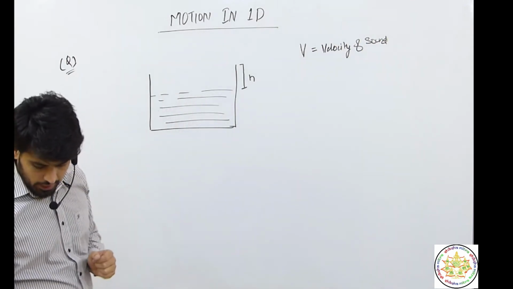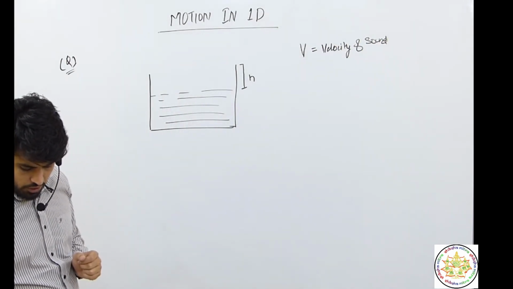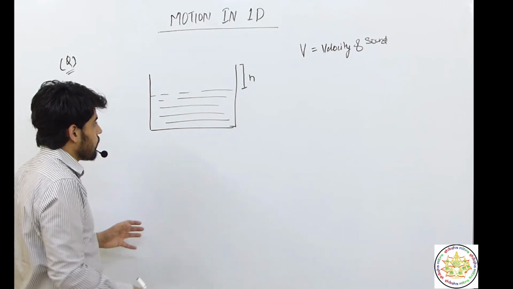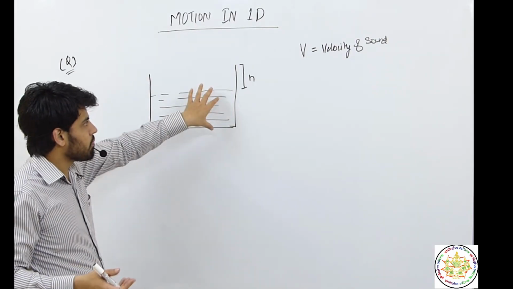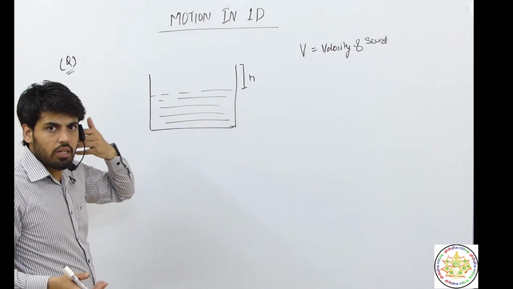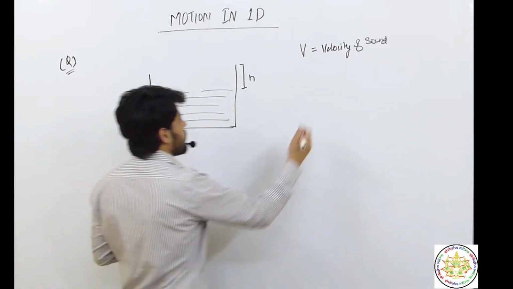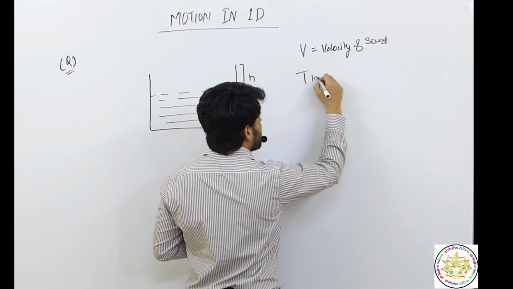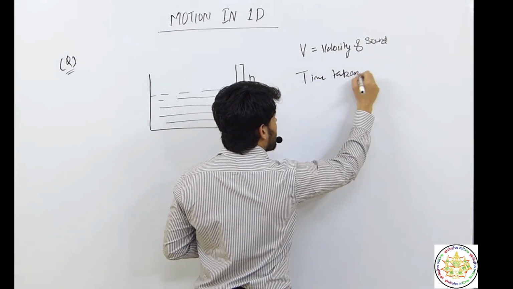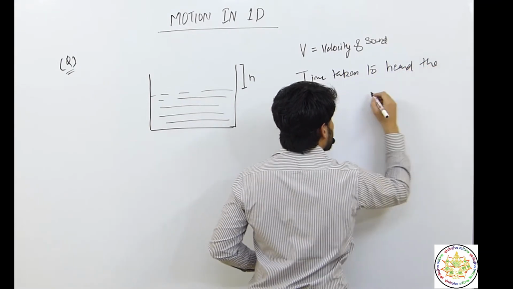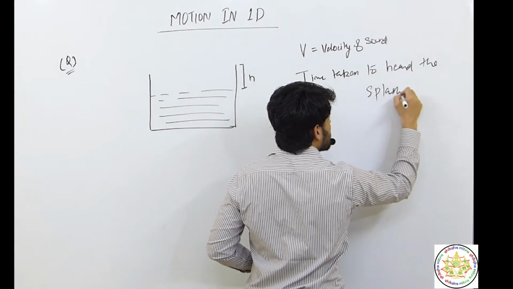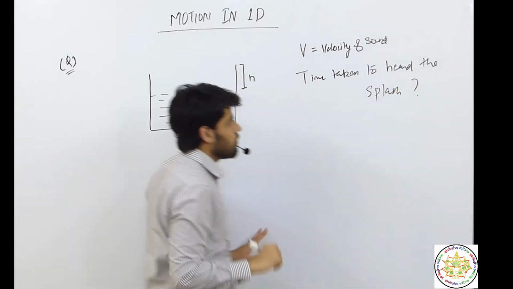The time t after which the splash is heard is given by, so we have to find what is the time taken for the splash, that splash has been created, to get heard by us. So we have to find the time taken to hear the splash. So this is what we have to calculate.